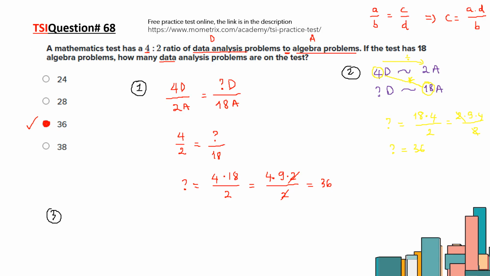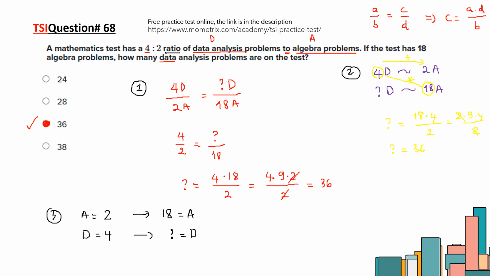This one uses direct proportion. We have A equal to 2 when D equals 4. Now A goes to 18. What does D go to? This is directly proportional because this is a ratio.